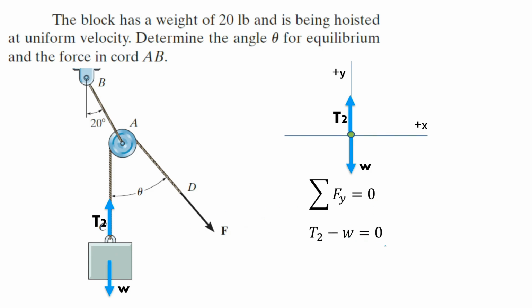T2 minus weight is equal to 0. So T2 is just equal to weight. And since the weight in the problem is 20 pounds, therefore T2 is just equal to 20 pounds. Based on this, we already determined the magnitude of T2 on this cord.